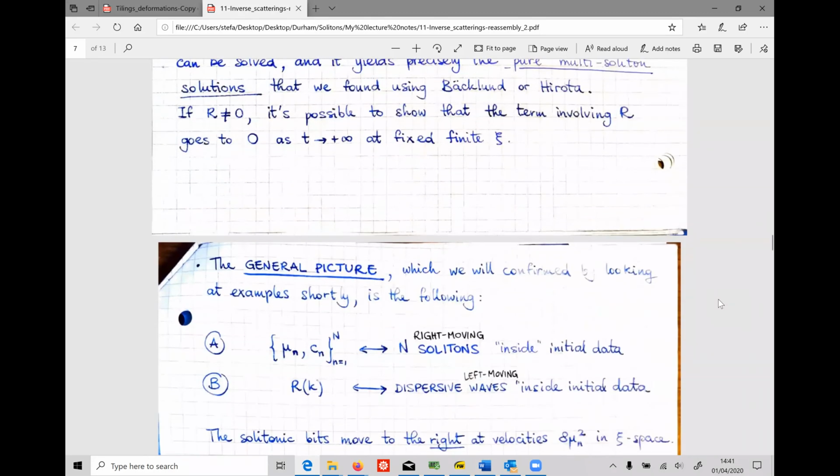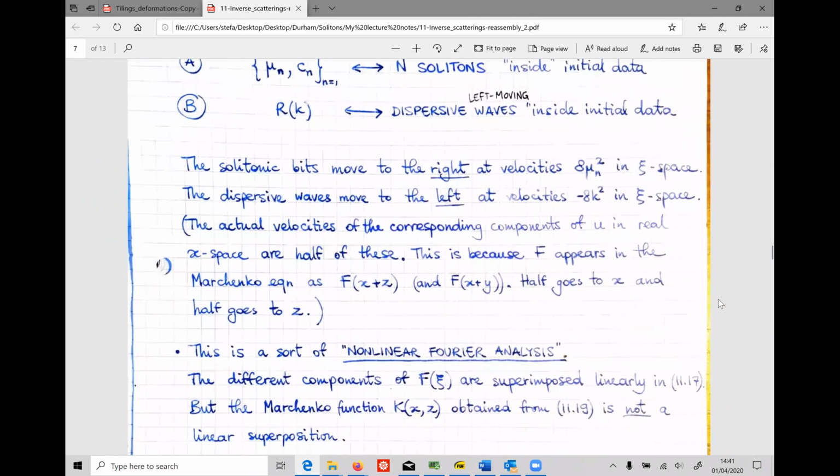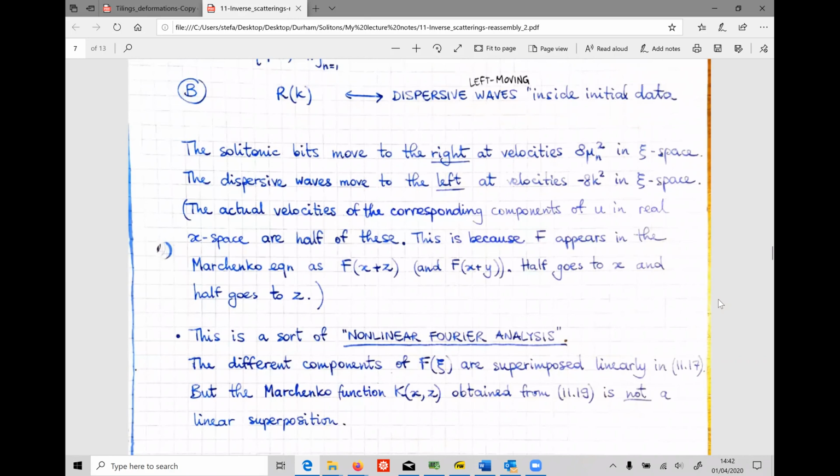But the nice bit is that while the full problem is nonlinear, many aspects of this inverse scattering method allow us to use linear problems which allow the superposition principle to hold.